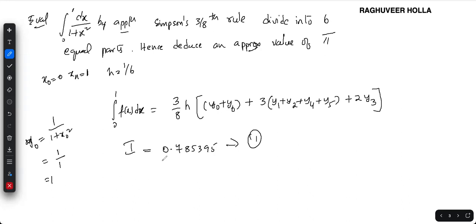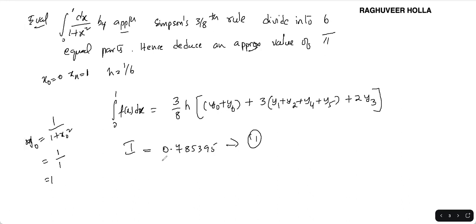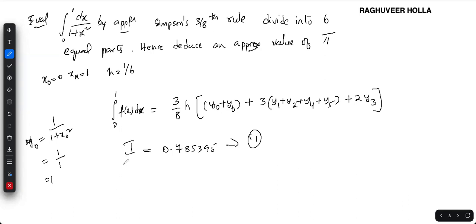You can also find this by direct integration. This is nothing but tan inverse of x, from 0 to 1, which is nothing but pi by 4.